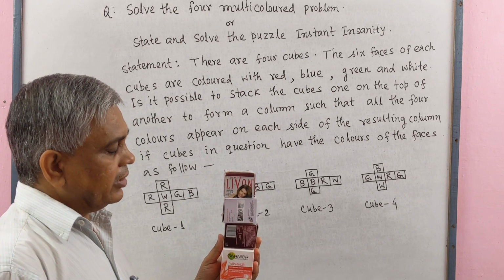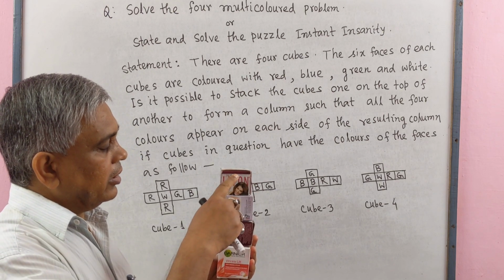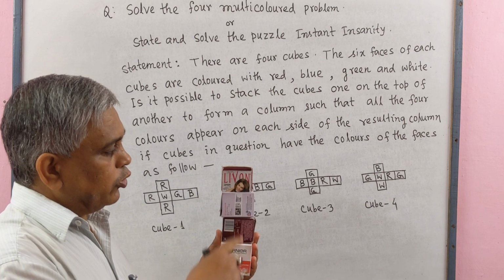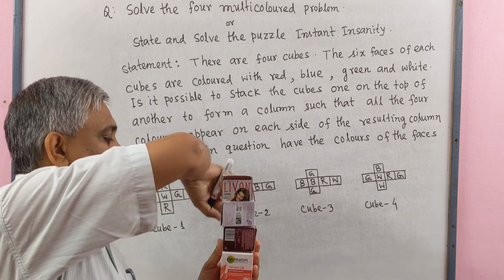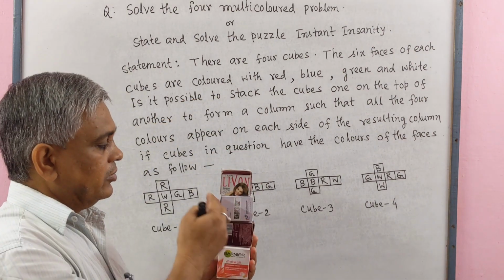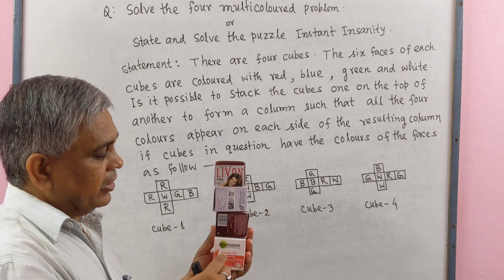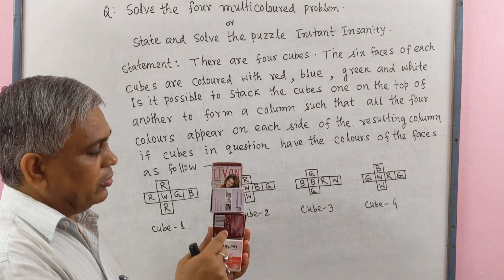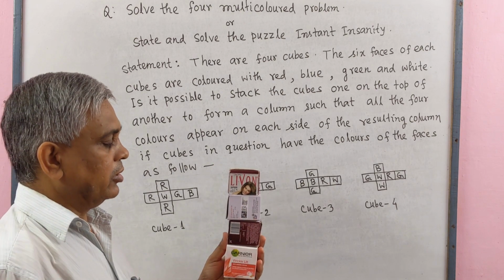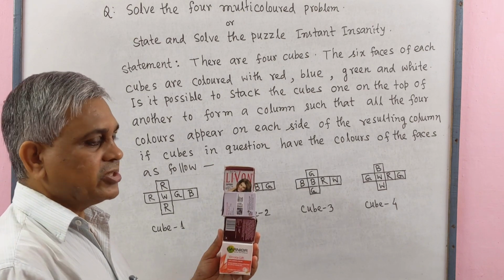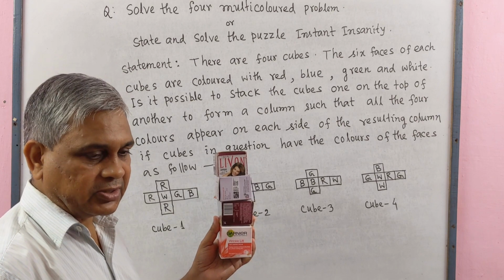We will get here the front side and this is the back side. This is the left side, this is the right side. Here we get four faces: 1, 2, 3, 4. Similarly, on each side we will get four faces.